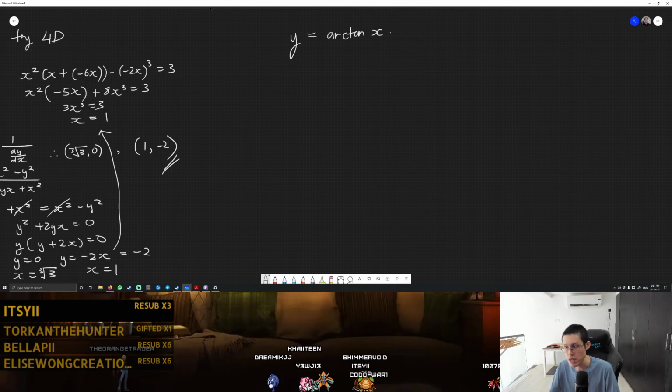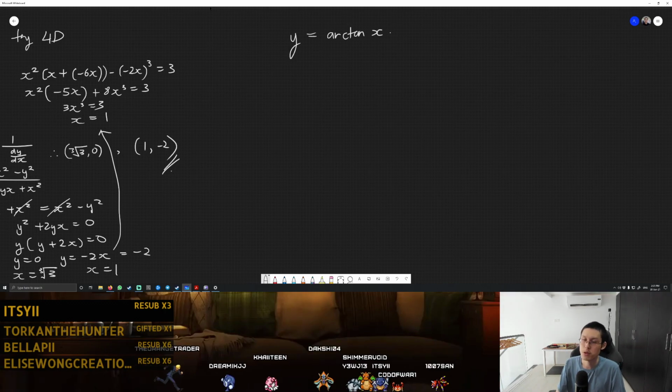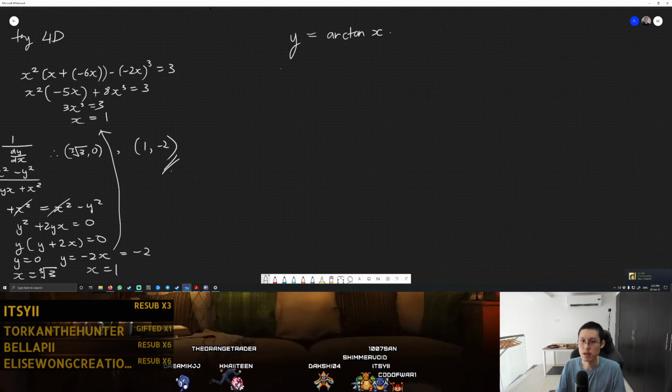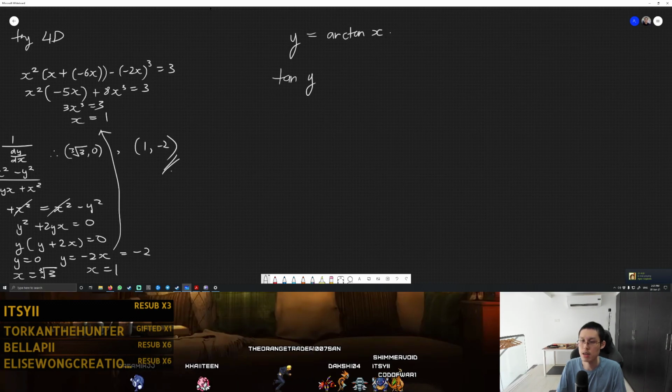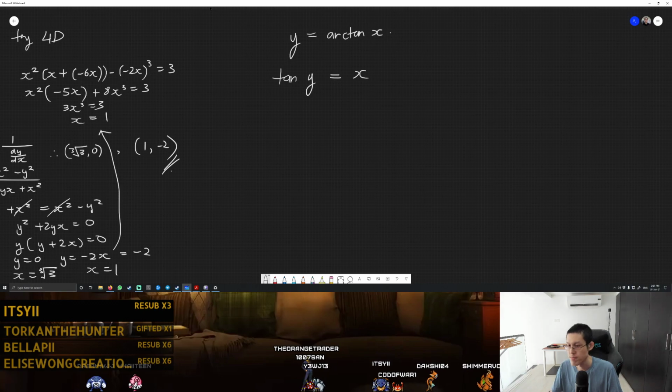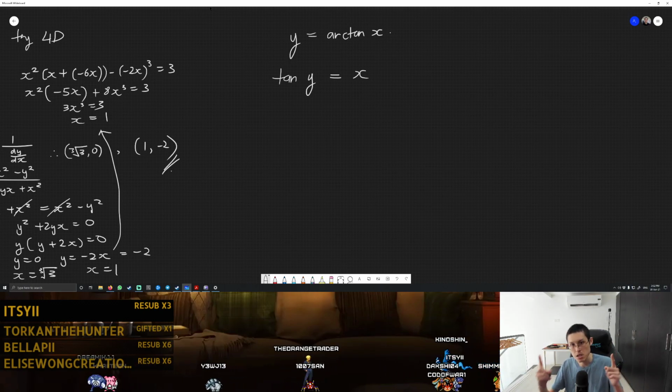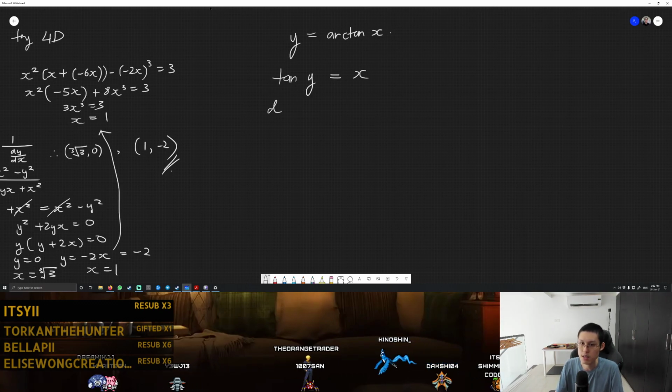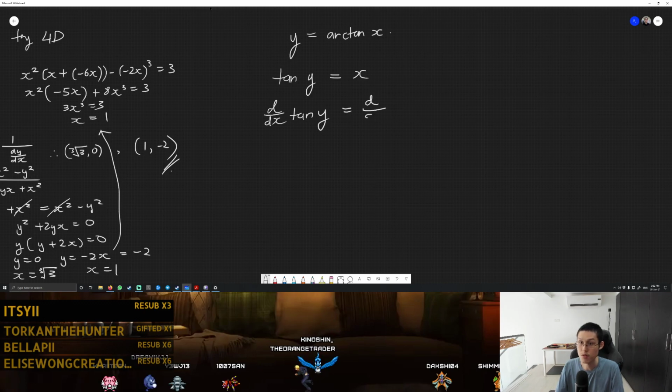However, we can move arctangent over to the other side, which gives us tangent y equals x. Now we're going to employ what we've just learned, implicit differentiation, and differentiate both sides with respect to x. You can see why implicit differentiation is so useful.